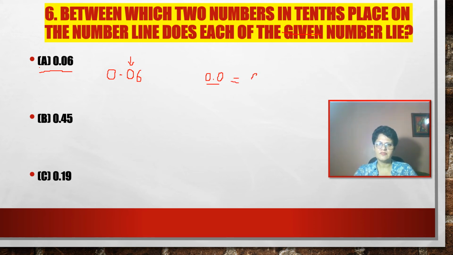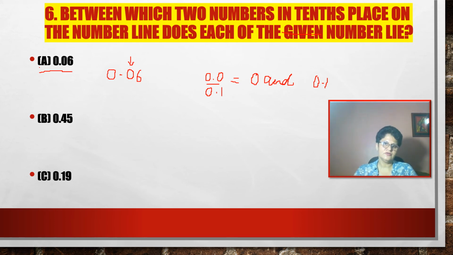So my first will be 0 and then the next one will be, if this is 0.0, the next number will be, tell me, it will be 0.1. So that means 0.006 lies in between 0 and 0.1 in the tenths place. Fine. So this simple shortcut method is going to help you.